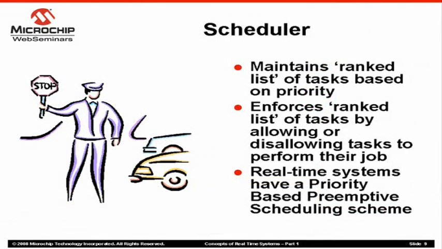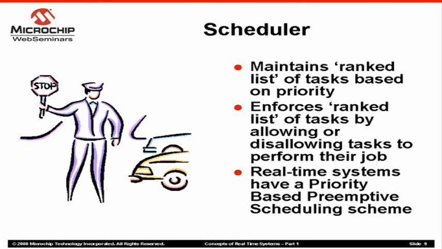But which authority in the system decides which task runs at what time? Well, that's the job of the scheduler. A scheduler in the system lines up tasks in accordance with their priority. It works as an arbitrator. At any given time, it decides which task must perform its job and which task should be paused.